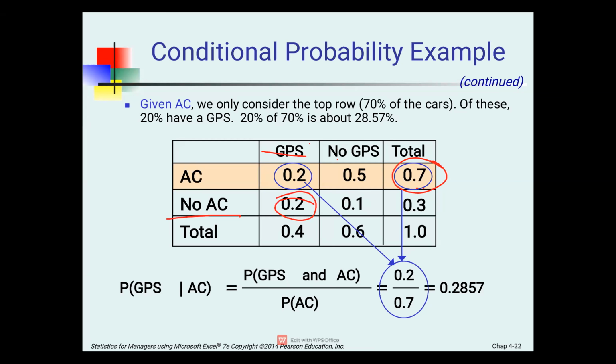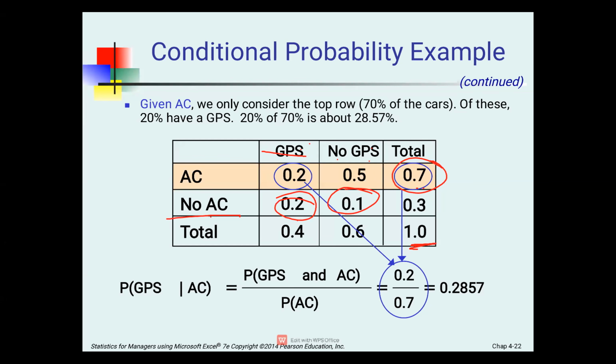And here you are looking for the probability of no GPS and no air condition. It's 0.1, the sum thereof 0.3. Everything sums to 1, so we have almost all the probabilities now.